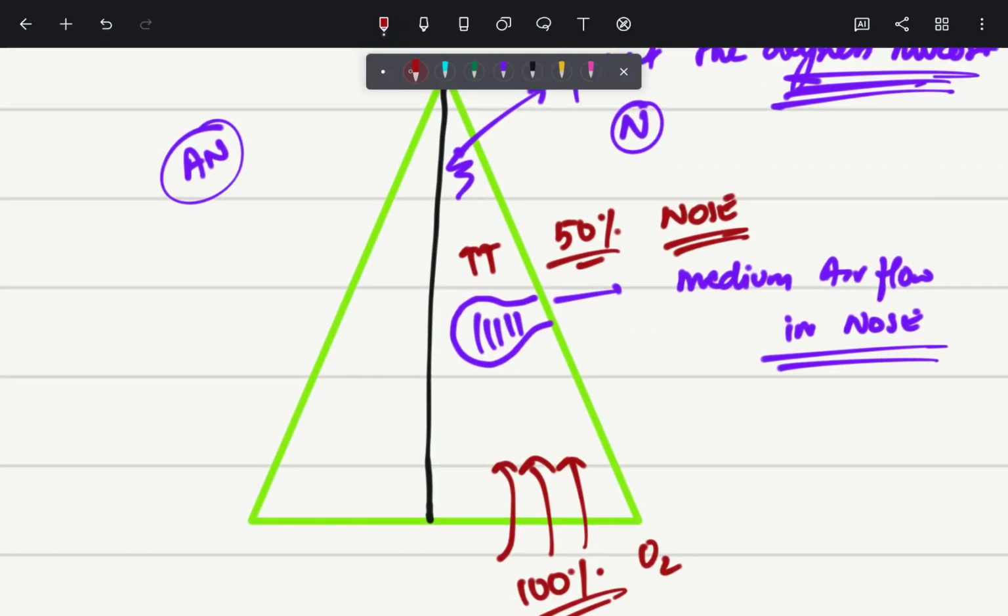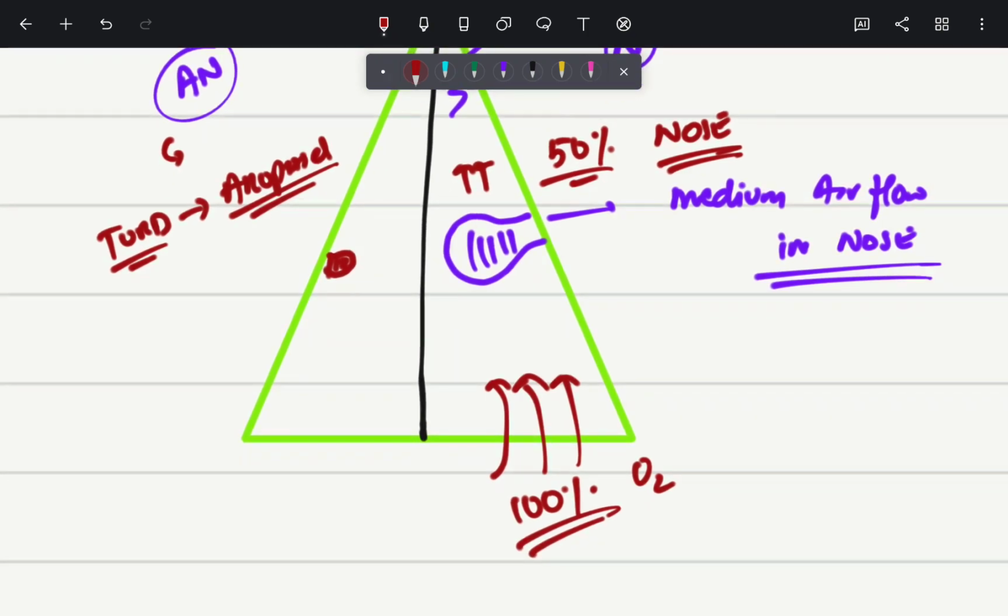Now we will take a look at the abnormal side. In the abnormal side, as you can see here, the turbinates are atrophied. So what will happen in these patients? Suppose these patients are taking 100% of oxygen.